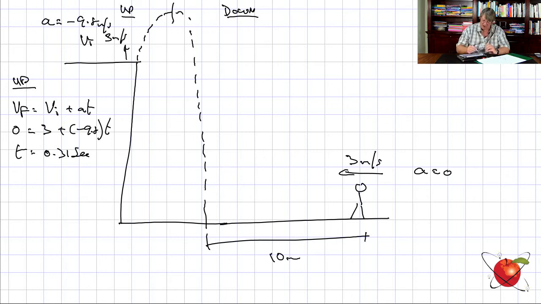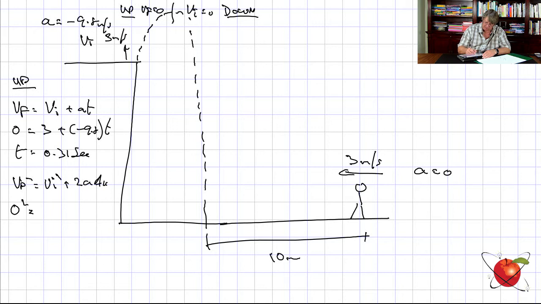How high? So we say, how high did it go up? Once again, we do V final squared is equal to V initial squared plus 2A delta X. And we put in 0 squared as the final because Vf equals 0 there, remember? Up is minus 9.8, A equals meters per second squared. So you can see we've taken the up.